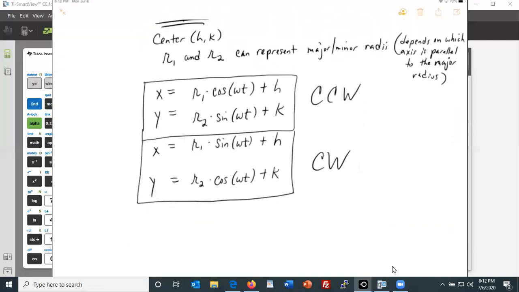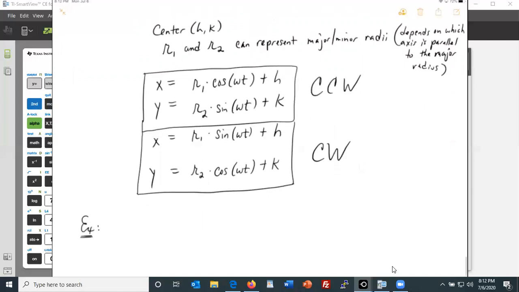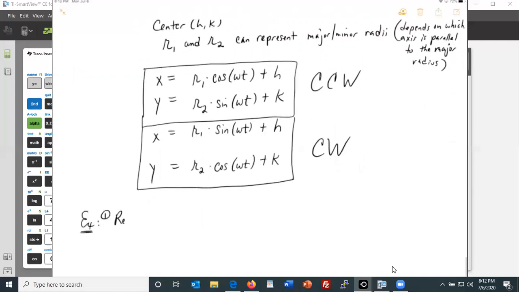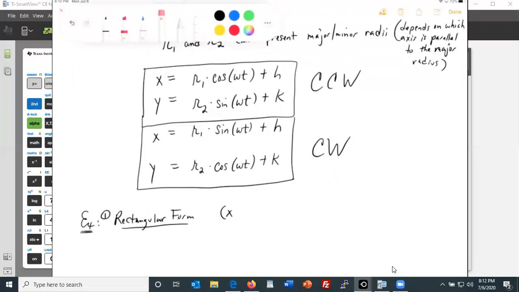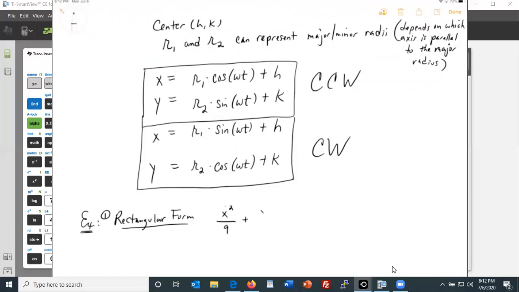All right, so for example, let's use the rectangular equation. Let's first look at it in rectangular form. In fact, let's do one with a center at 0, 0, just to make it easier. So let's say we have x squared over 9 plus y squared over 4 equals 1.